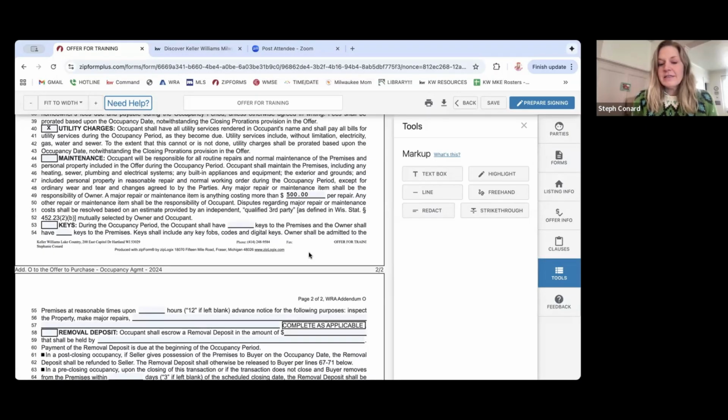So anyway, again, it's always a negotiating point, but I'm typically not seeing this threshold amount be more than a few $100s. So, if something major comes up, then it's going to be at the expense of the buyer slash owner. And if anything is less than this threshold amount, then the seller slash occupant is going to take care of it.